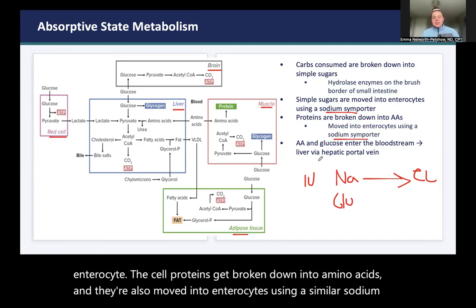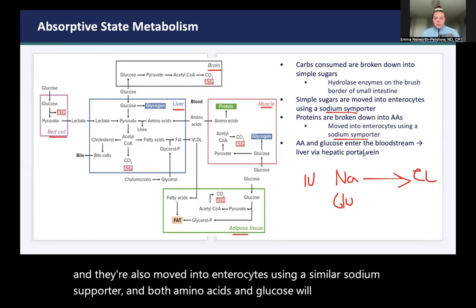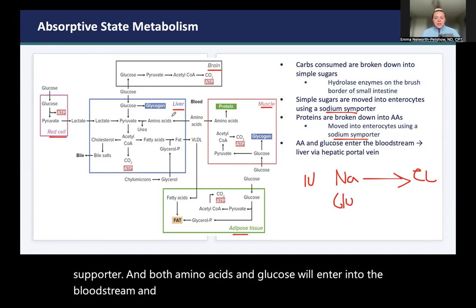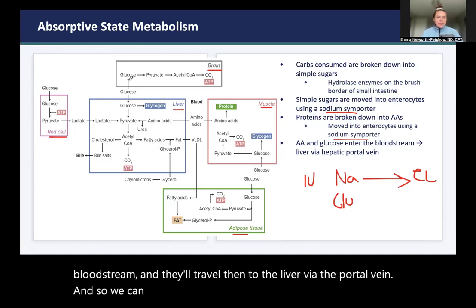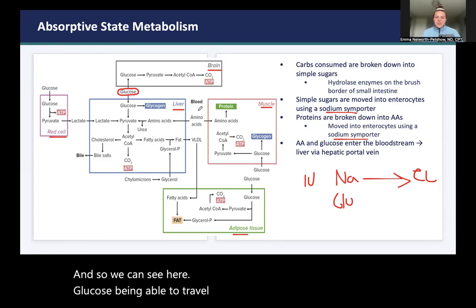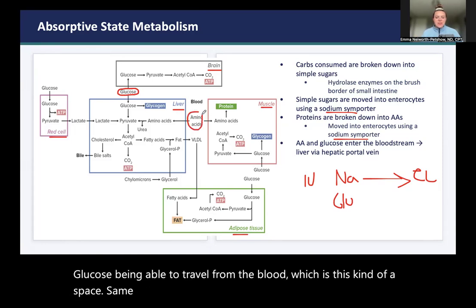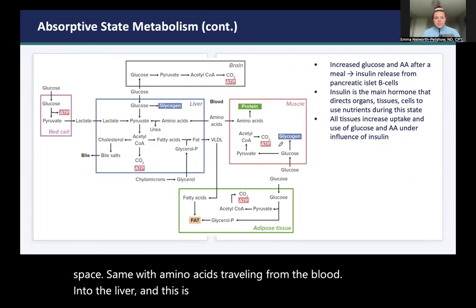Both amino acids and glucose will enter the bloodstream, and they'll travel to the liver via the portal vein. So we can see here glucose traveling from the blood into the liver, same with amino acids, and this is via portal circulation.